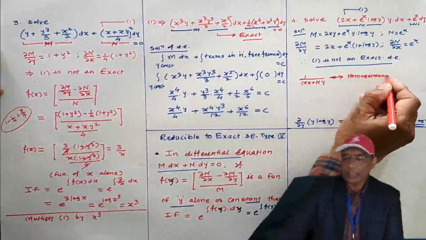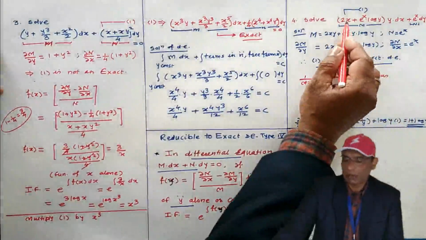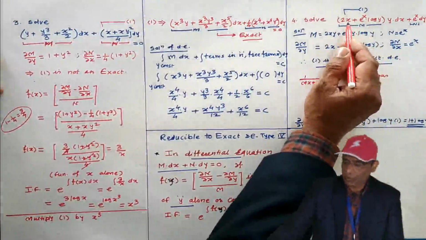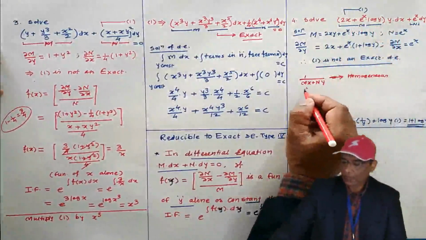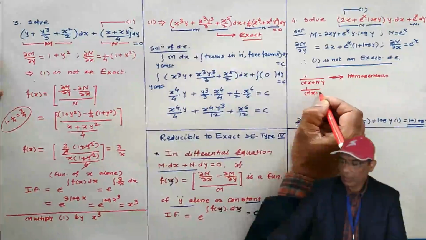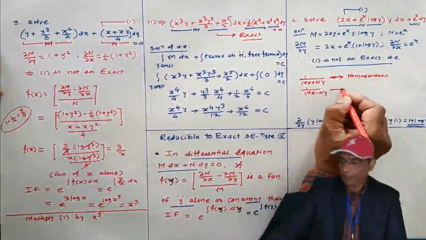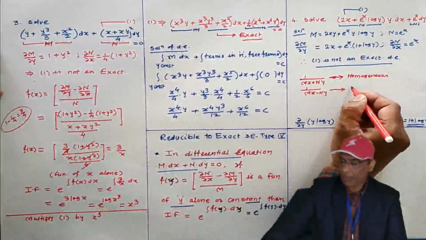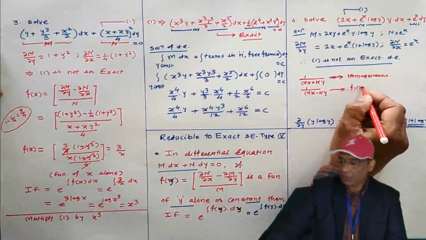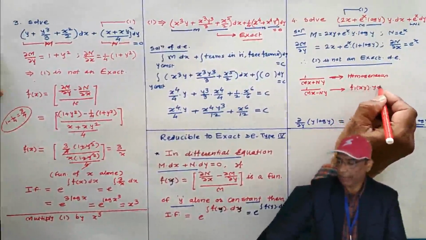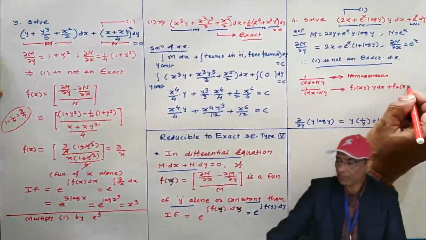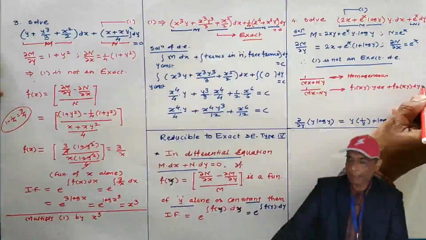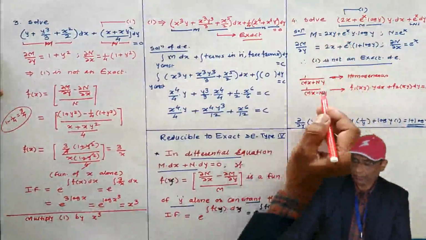No. The degree of each and every term is not the same. Can you use the formula 1 by mx minus ny? No, because this is not of the type f1(xy) y dx plus f2(xy) x dy. The given differential equation is not of this type, so we cannot use this formula.